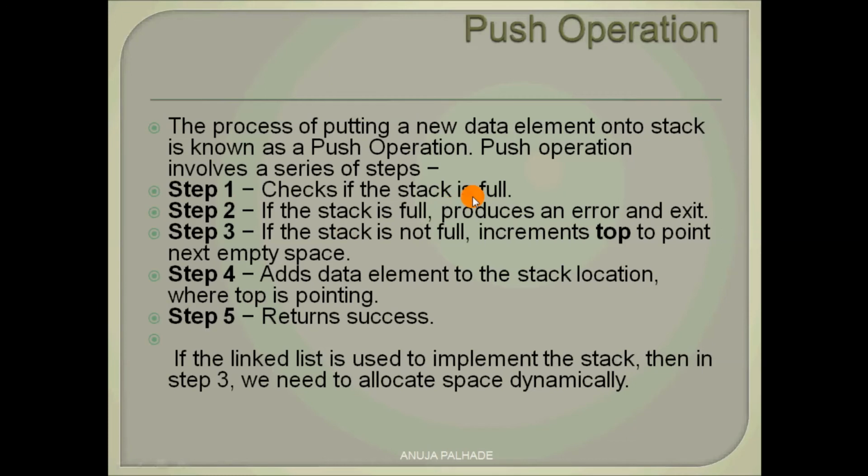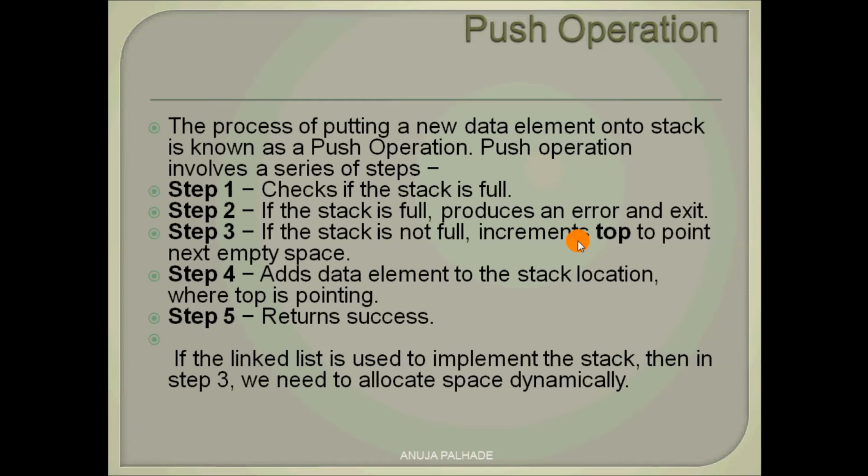If the stack is full, it shows us an error or it will automatically exit. Otherwise, in else, if the stack is not full, increment the top. That pointer we have to use, that top name. So top is always equal to minus 1 in that case, meaning if top is equal to minus 1, it is the empty stack.